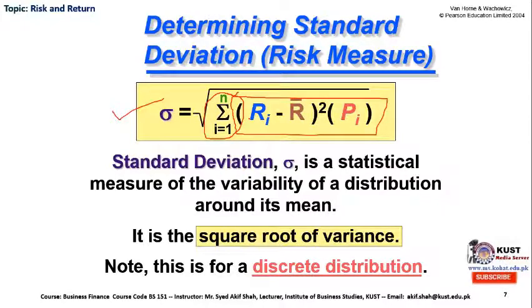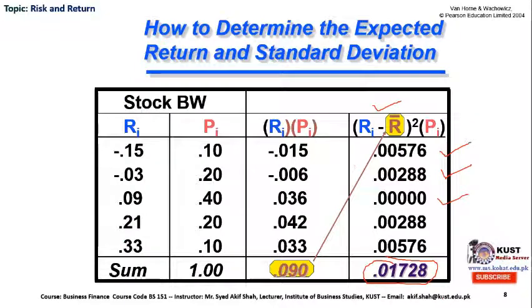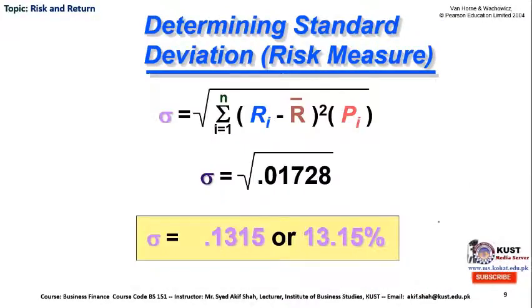After summing them up, we can take the square root of this value to reach our destination, which is to calculate the standard deviation of this stock. Now we have calculated this variance, and the resultant value in our previous slide was 0.1728. Now you are required to take a square root of this value, and the resultant value for standard deviation will come up as 0.1315.